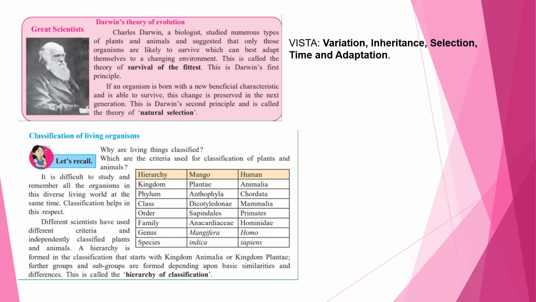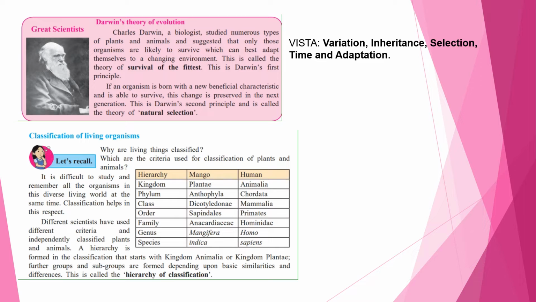A hierarchy is formed in the classification which starts with kingdom Animalia, which refers to animals, or kingdom Plantae, which refers to plants. These kingdoms further form groups and subgroups depending upon their basic similarities and differences. This is called the hierarchy of classification.